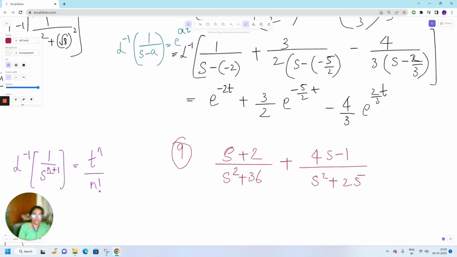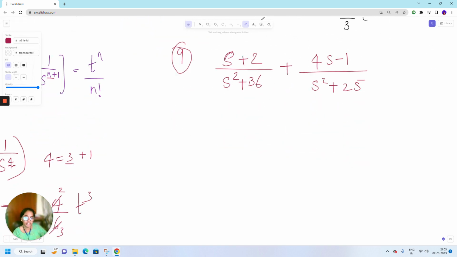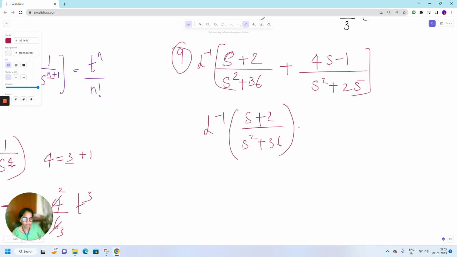If you have two terms in the numerator, give each term to the denominator. What do you mean by that? Laplace inverse of this, that is Laplace inverse of s plus 2 divided by s square plus 36 plus Laplace inverse of 4s minus 1 divided by s square plus 25.